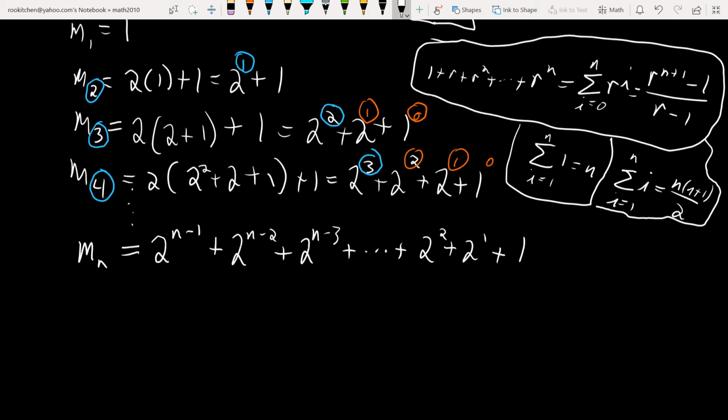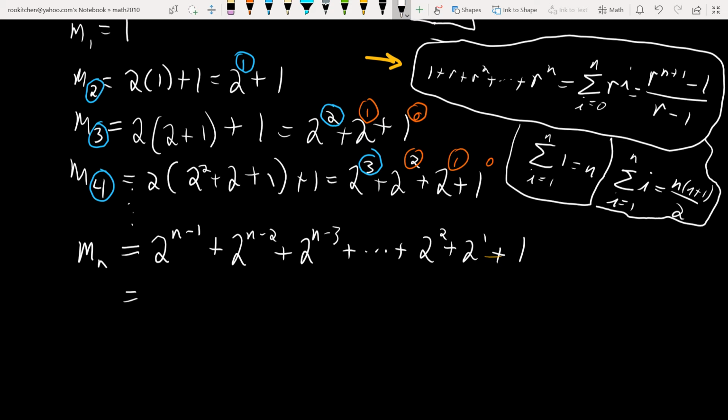So we use that formula that I had just written right up here to rewrite this in a closed form, right? Our r value in this case, the common ratio, is 2.